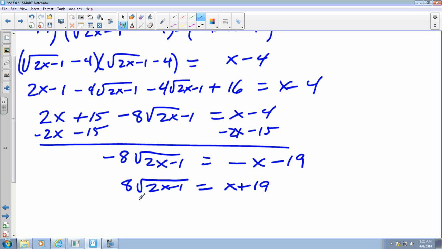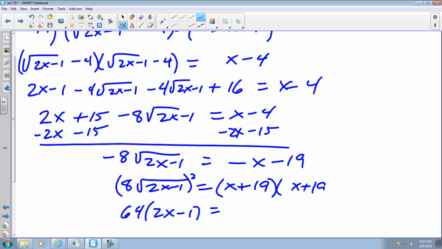Then I'm going to square everything. I get 8 squared is 64 times the quantity of 2x minus 1. Over here, squaring the binomial is like multiplying it by itself. If I take x times x, I get x squared. Outside times outside is 19x. Inside times inside is 19x.